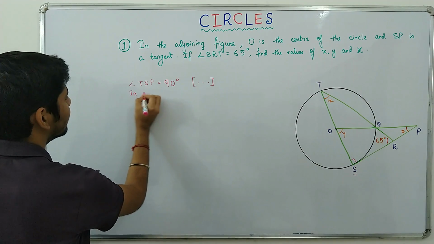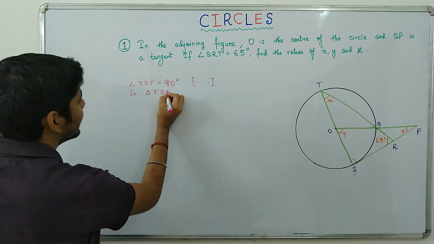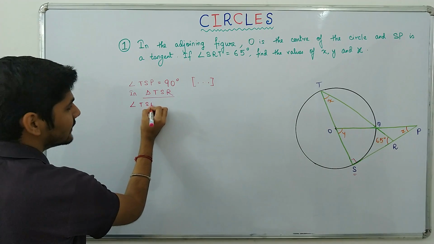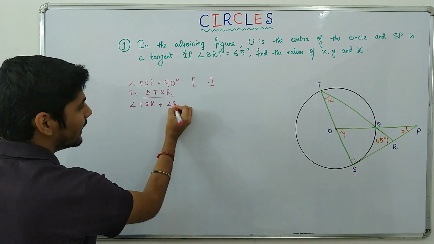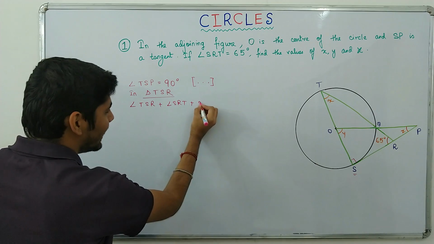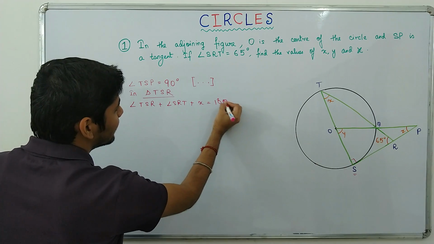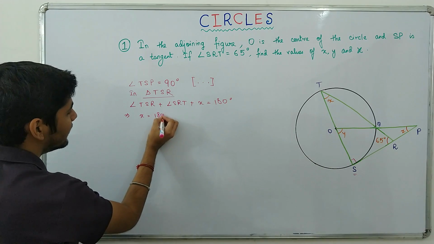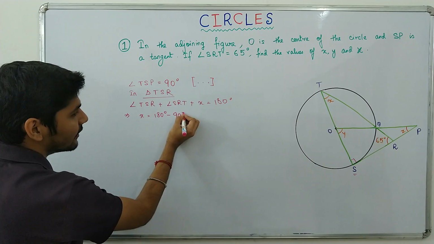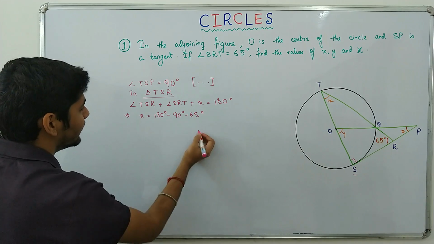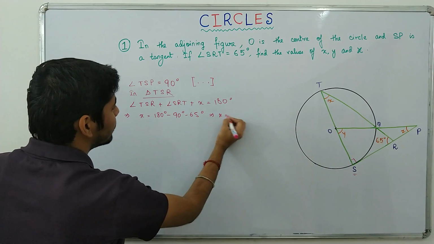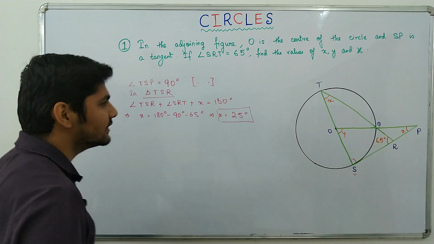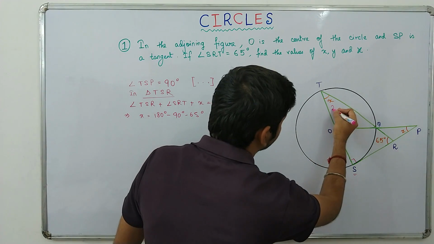In triangle TSR, we have angle TSR plus angle SRT plus X is equal to 180 degree. So we get X is equal to 180 degree minus 90 degree minus 65 degree. Therefore X is equal to 25 degree. So we get our first answer that X is 25 degree.